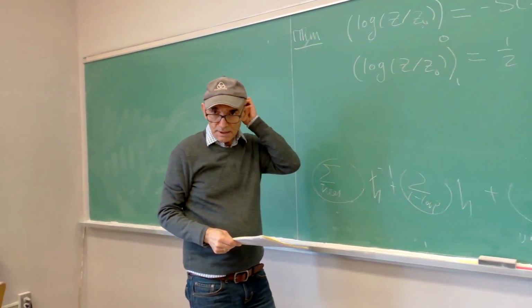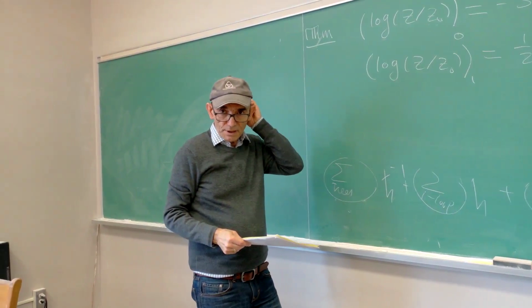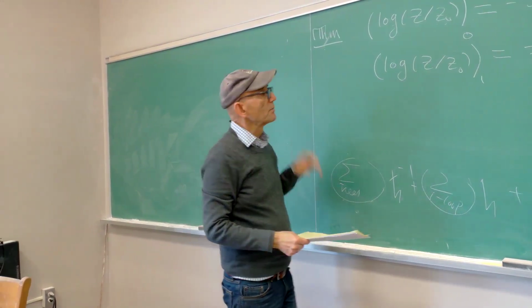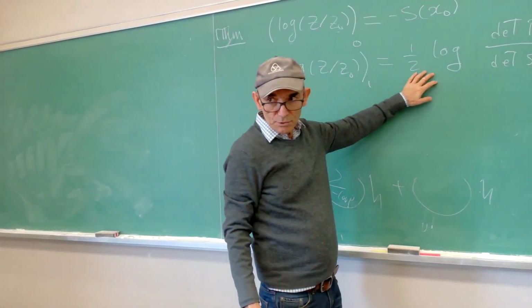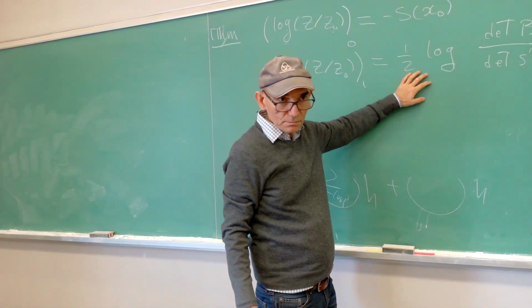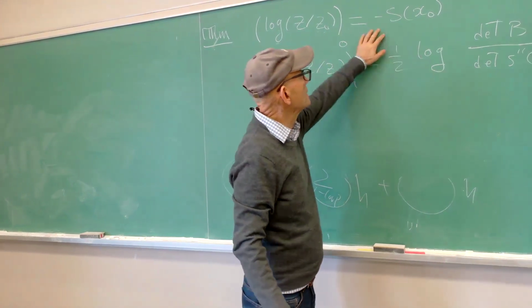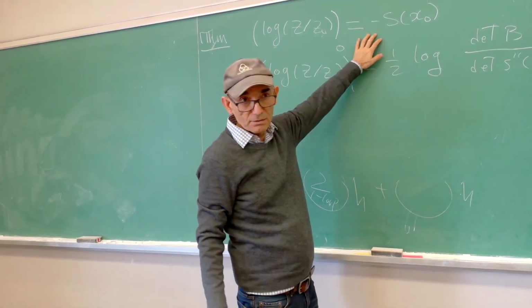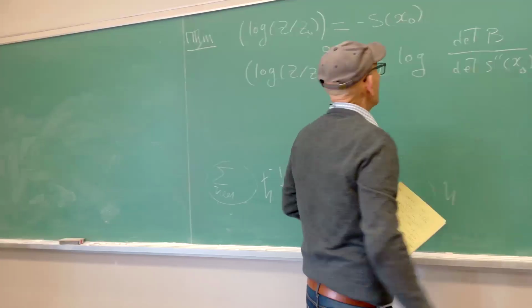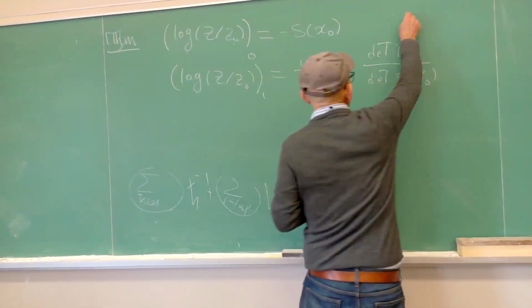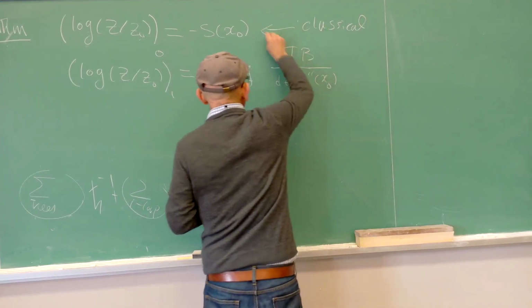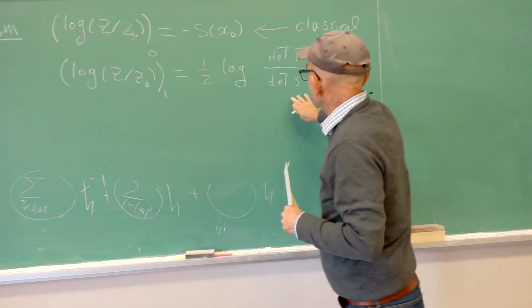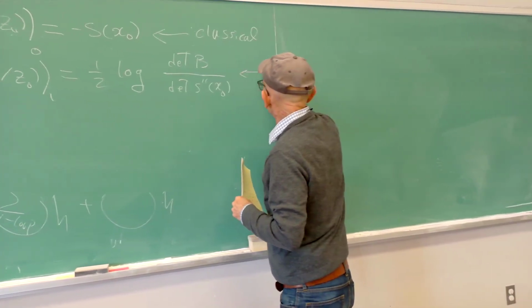But x0 is the unique critical point of S. So this is called the semi-classical contribution to the partition function, and the first is exactly the classical contribution. Classical. And this is semi-classical.